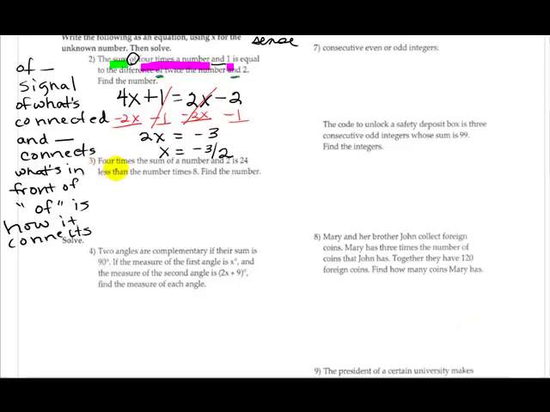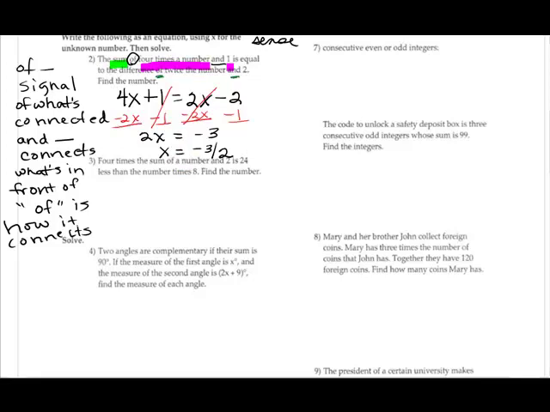Number 3, 4 times the sum of a number and 2 is, that's your equals, 24 less than the number times 8. Find the number. So read it. And what we're doing with these is we're not talking about what we were talking about earlier. We're talking about translating, and so we're going to stick to this information.